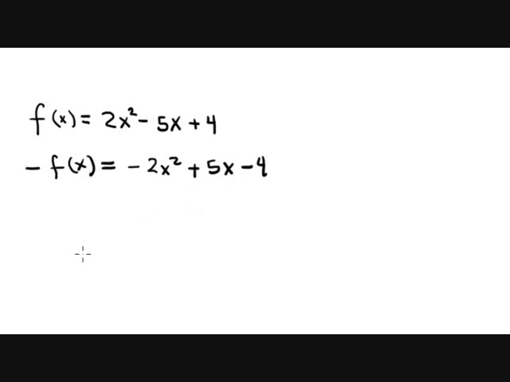In the second part of the equation, we have f evaluated at negative x. This is different because we replace every x with negative x. In our equation it's 2 times negative x squared minus 5 times negative x plus 4.